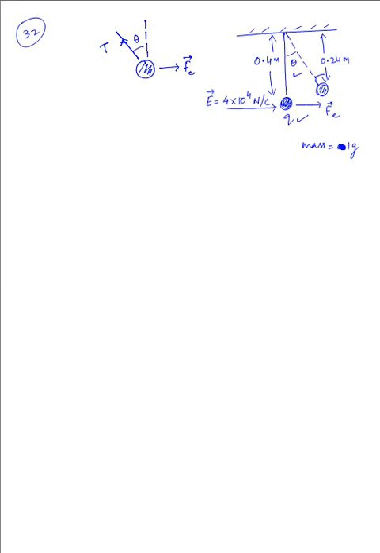So this is theta, interior alternate angles, and then the weight is going to act along this direction. So we have the cosine component of the tension balancing the weight, while the sine component of the tension balances the electrostatic force of repulsion, and as a result of that it is staying in its place.